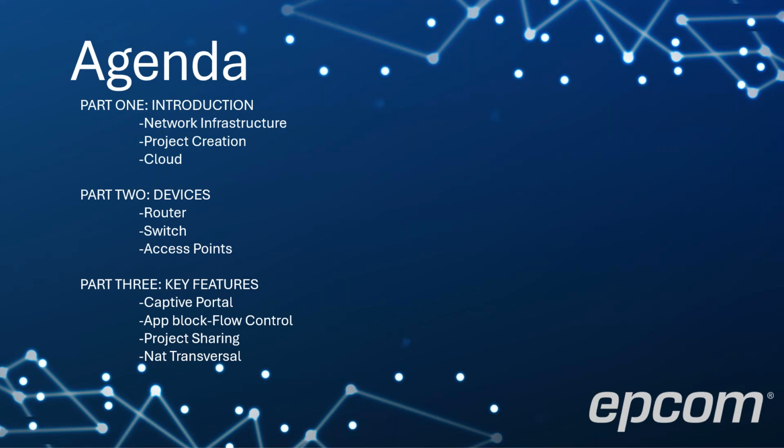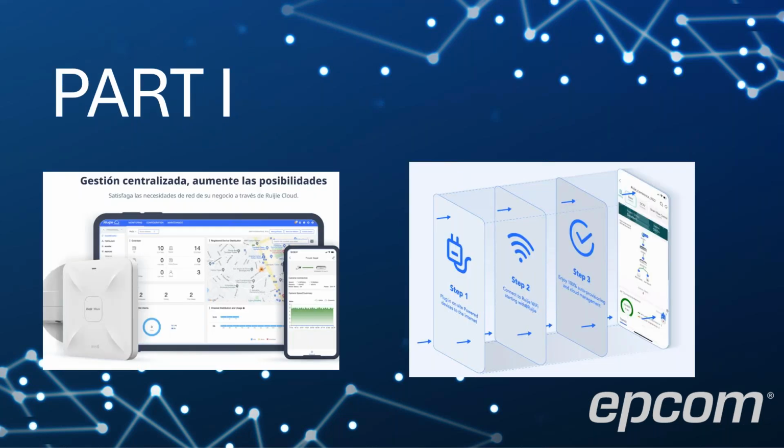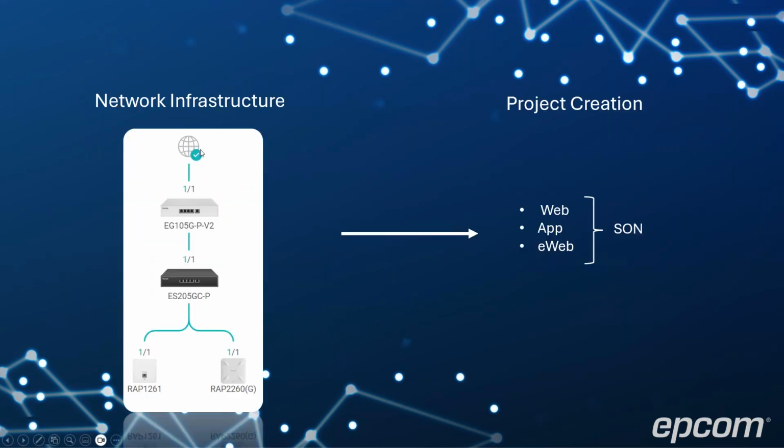So let's get started with an introduction of the network infrastructure of our network. Our network is basically a gateway or router, directly plugged into our switch, a smart switch, and this connects to two APs.